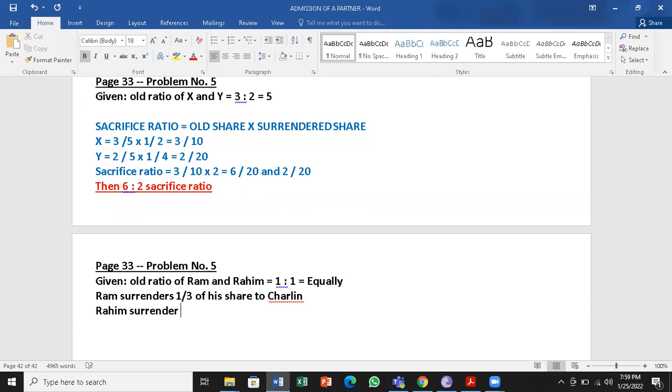Rahim surrenders 1/4 of his share to Charlie. So we'll go for the formula.